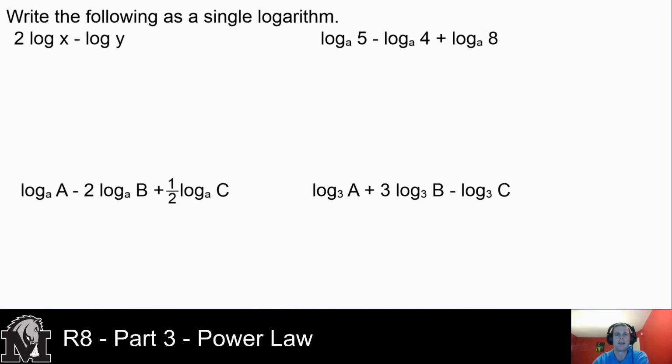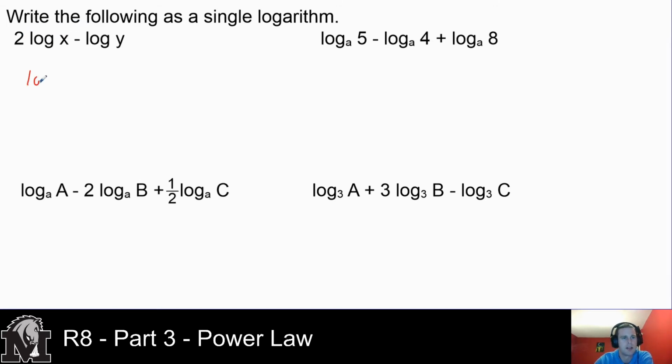Write the following as a single logarithm. So now we're going to be combining all three of our log rules together. And this is the first time we're really using the power law kind of in reverse order. So we have a coefficient out in front of a logarithm, and we can move that up to be the exponent of the argument. Up to this point, if the 2 was here, we could move it down there, but we're just doing the opposite direction now.